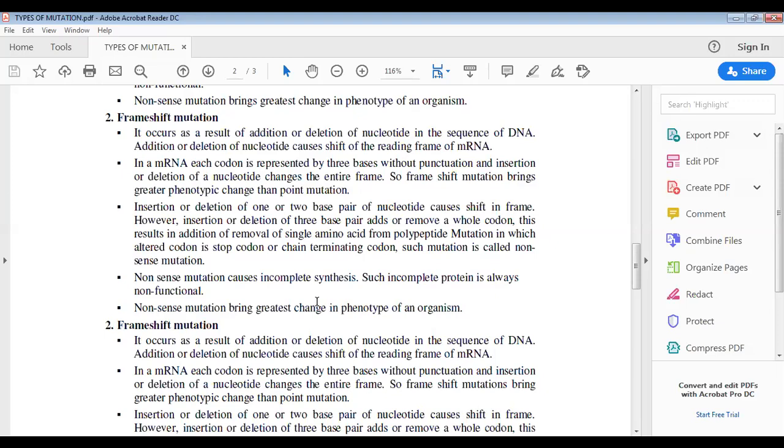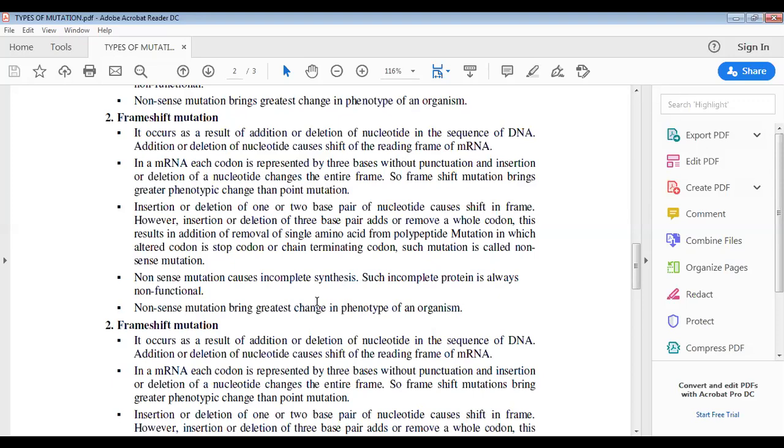Such additions and deletions are termed as frame shift mutations. They result from addition or deletion of nucleotides in the DNA sequence. Addition or deletion of nucleotides causes a shift of the reading frame. Whatever we are seeing inside that, there is some shifting.